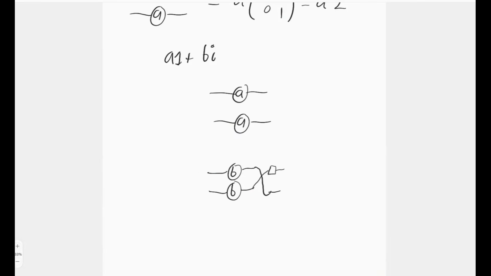And now what we want to do is fuse these wires. So the top one adds to the top one, the second one adds to the second one. And that's the result. And our input comes in here.